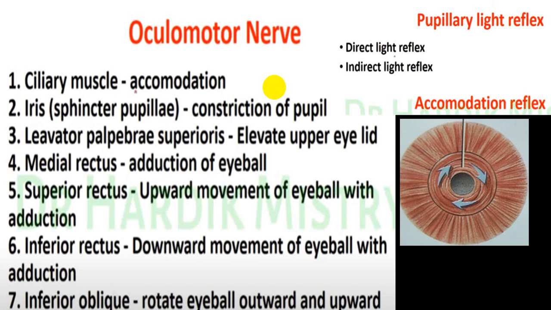Inferior rectus will be downwards and adduction. So you will have three muscles which will be doing adduction, that is medial rectus, superior rectus, and inferior rectus. While inferior oblique will move the eye upward and outward, and also it will do rotation. So this will be the action of the oculomotor nerve.